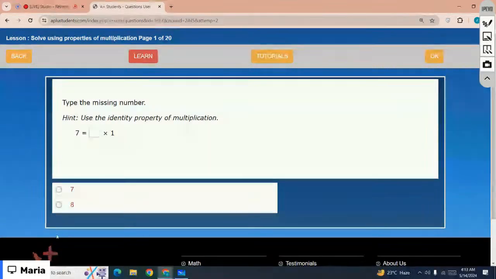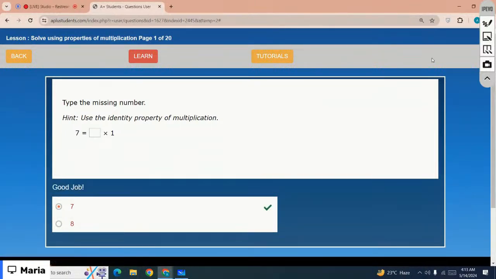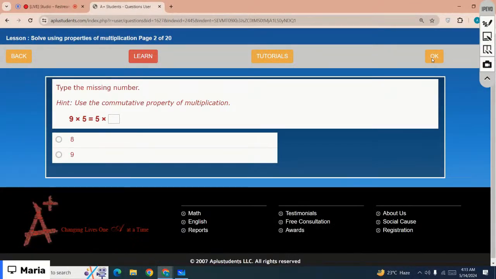Identity property means when you multiply a number with 1, you have the number itself, right? So that is the identity. The next one is you type the missing number. Use the commutative property of multiplication. So which number is missing?